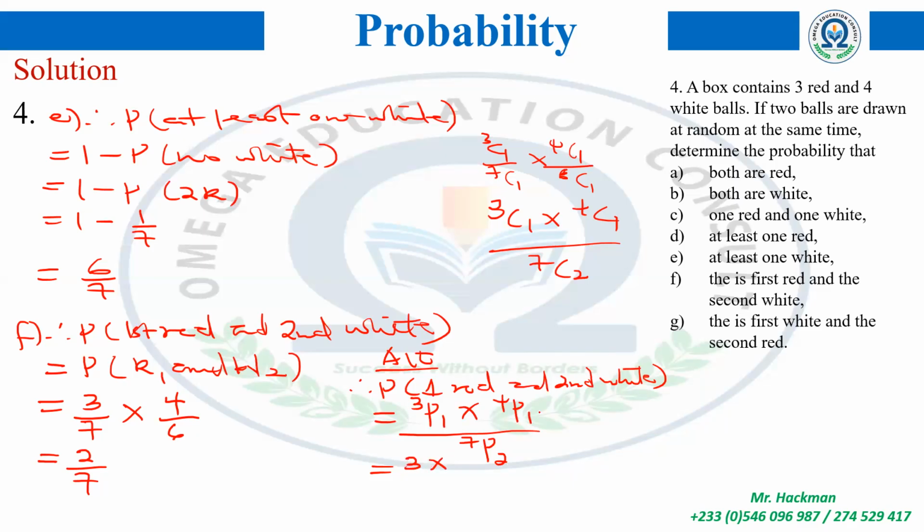Then times 4 permutation 1, which is 4. 7 permutation 2 is 42. Simplify that for me. 2 over 7. It's the same. Can you see that?